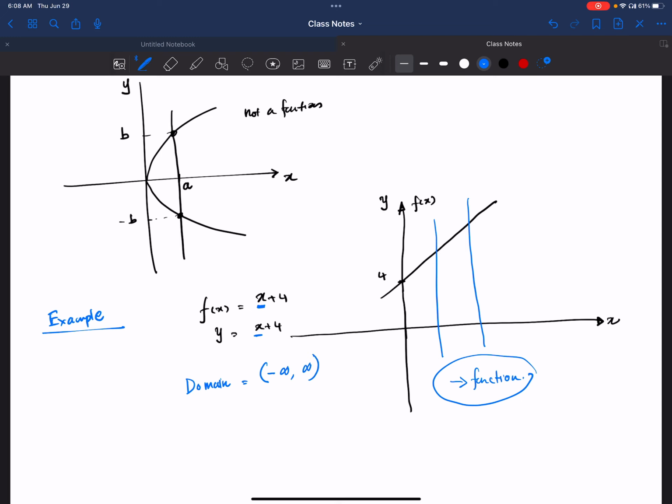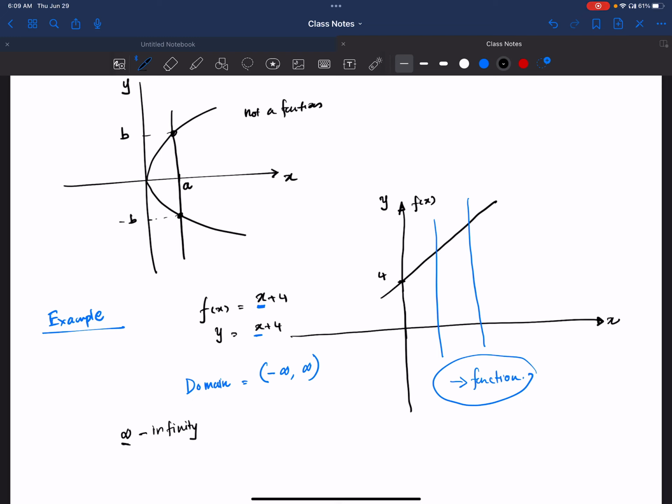What is this infinity? This notation is also important. This is called infinity. It is merely a symbol to say that this is a very large number.